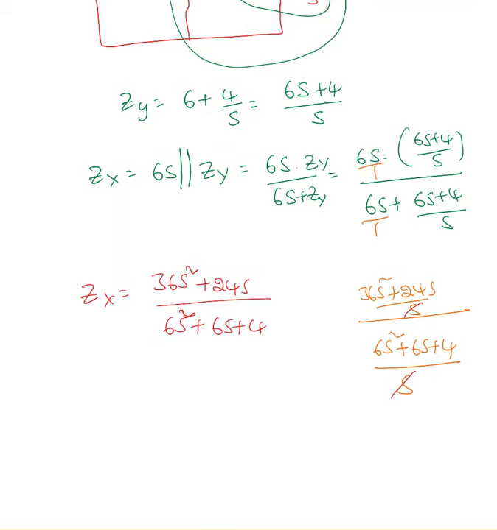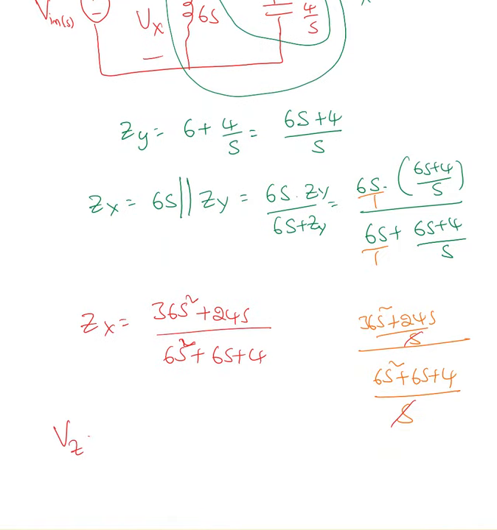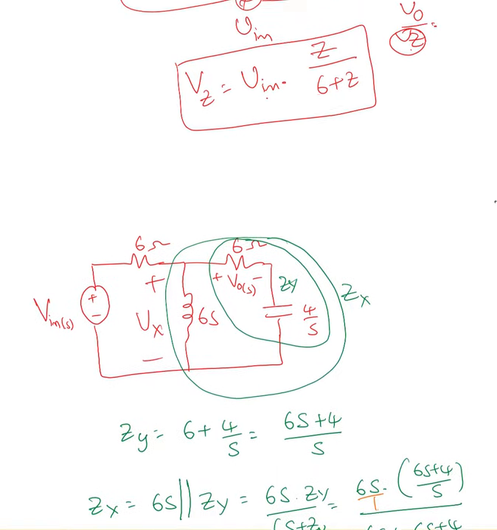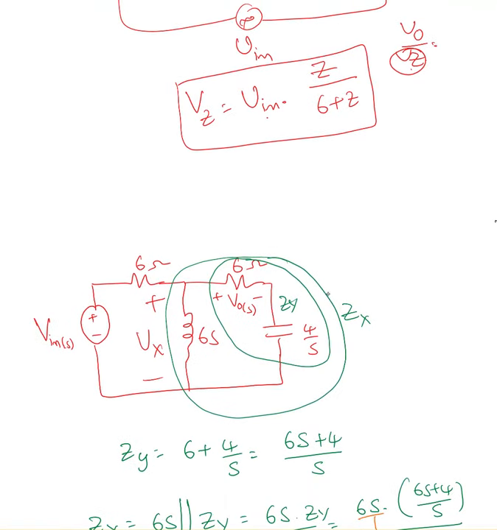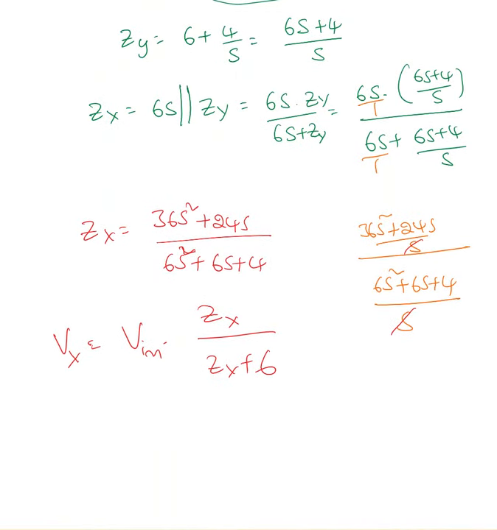That's ZX. Now I'm going to find the total voltage across this. I'm going to call that Vx. Vx equals total voltage Vin times ZX over ZX plus 6, because as I mentioned, the 6 ohm is in series with ZX, so in series the voltage is going to divide. I already have the ZX, so Vx equals Vin times, I'm going to substitute ZX there.